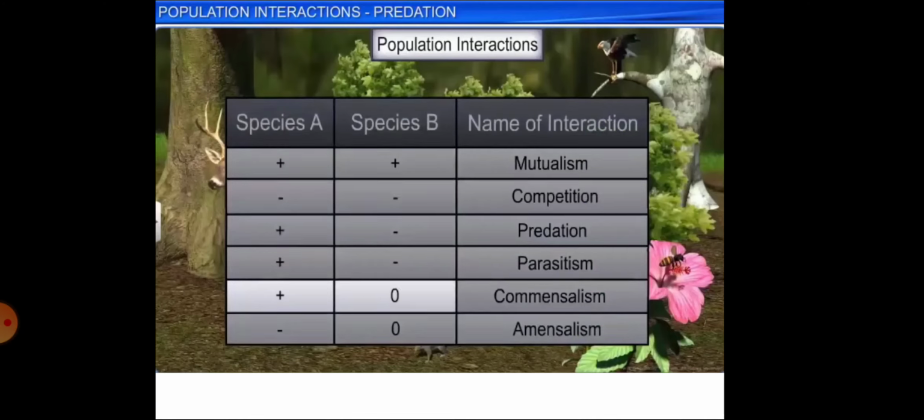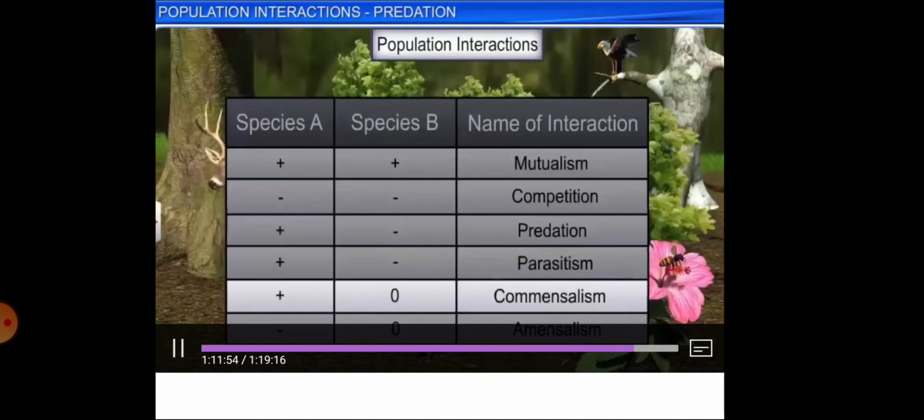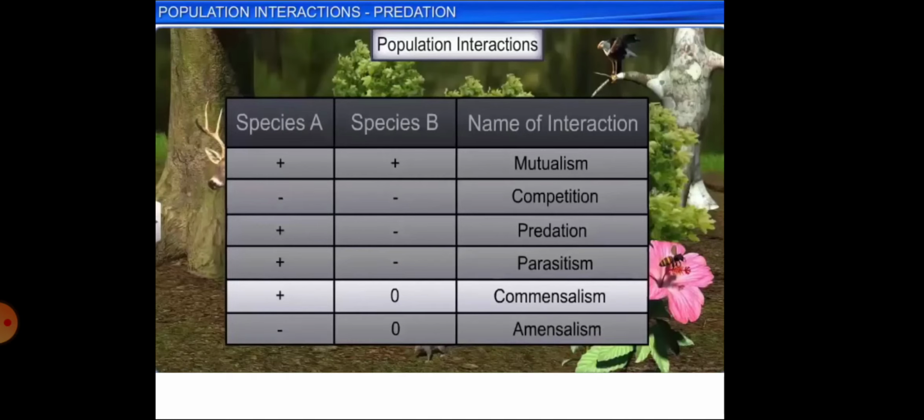On the other hand, if one species is harmed and the other is unaffected, the interaction is known as amensalism. Interestingly, a common feature seen in predation, parasitism, and commensalism is that the interacting species live close together.